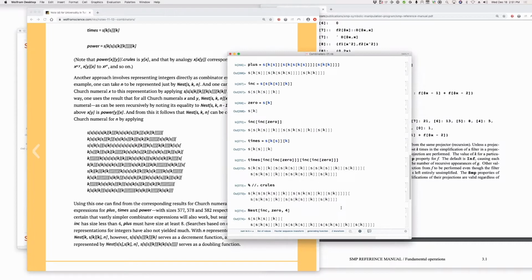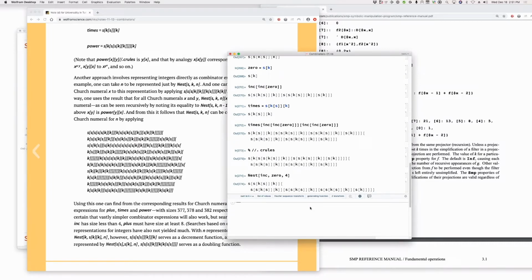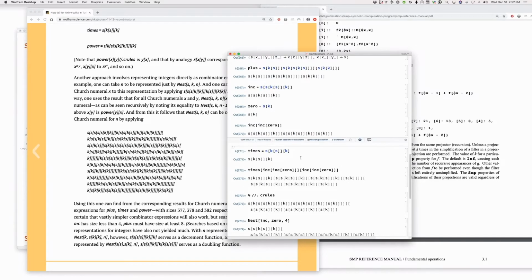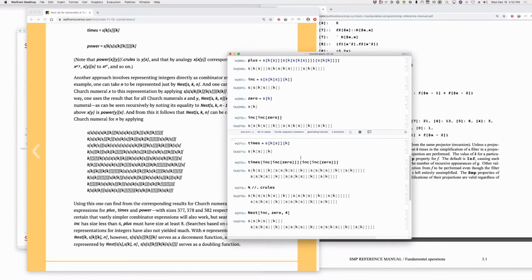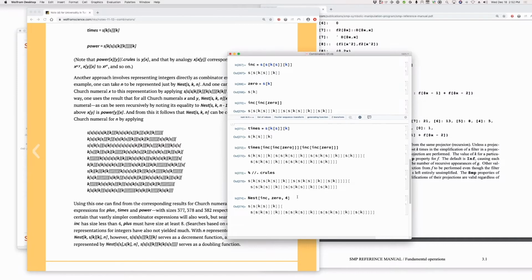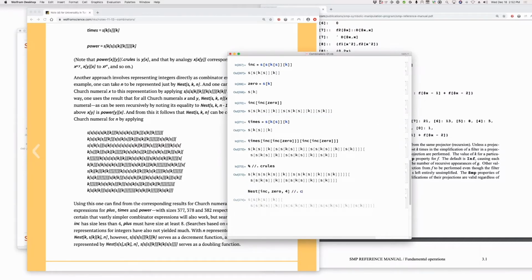Well, I don't understand why that's different, and I don't understand why that didn't reduce. It may be something to do with the way /dot operates. Perhaps you need to apply C rules as well to the nest result. Something's wrong here.